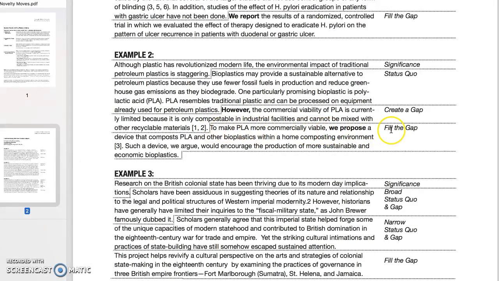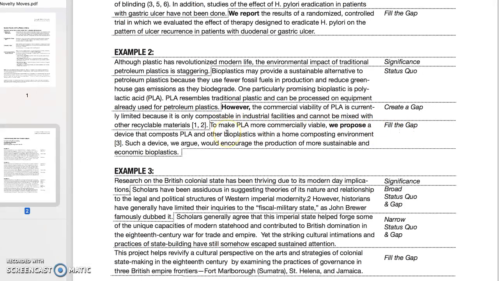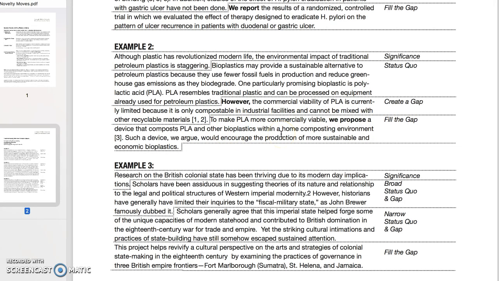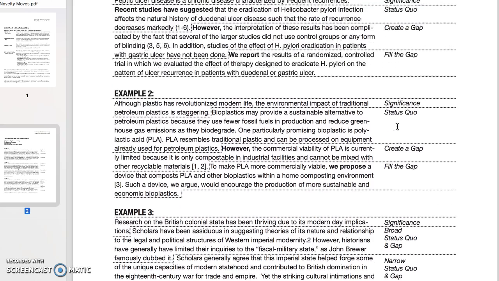And to move into filling this gap, they say, to make PLA more commercially viable, we propose a device that composts PLA and other bioplastics within a home composting environment. Such a device, we argue, would encourage the production of a more sustainable and economic bioplastics. So here again, we see this similar phrase to we report, we propose to fill the gap.